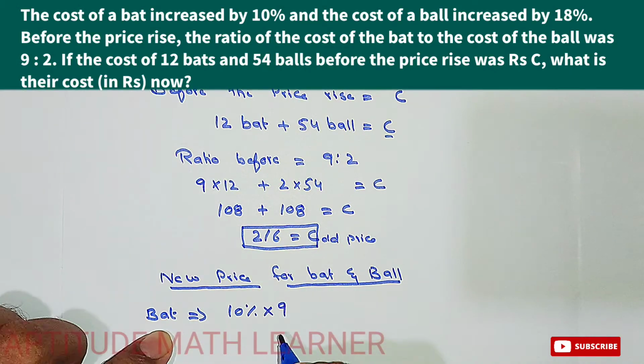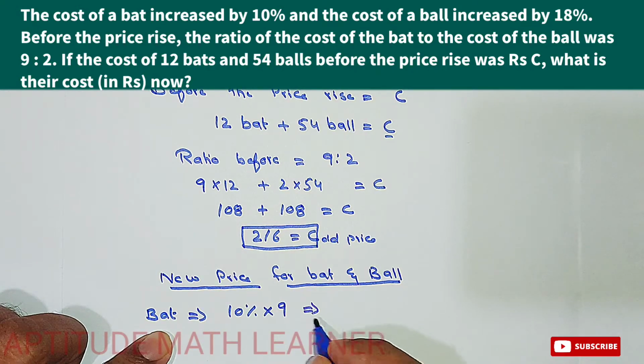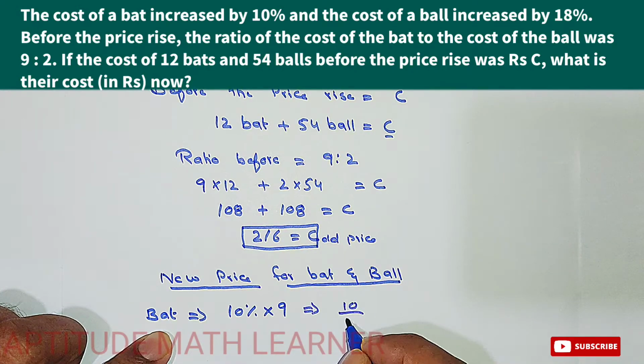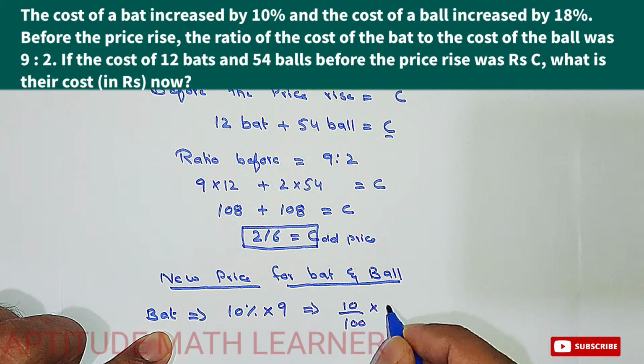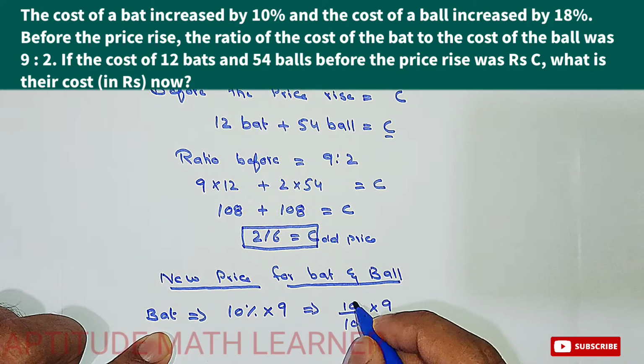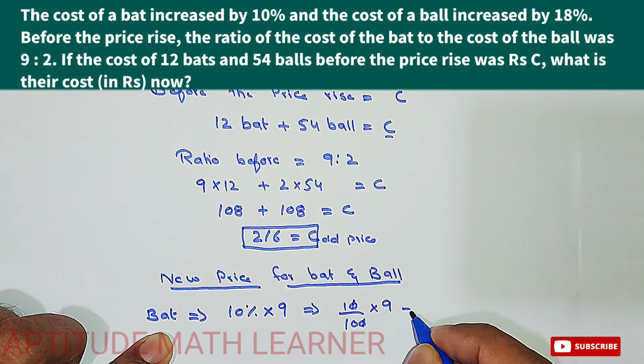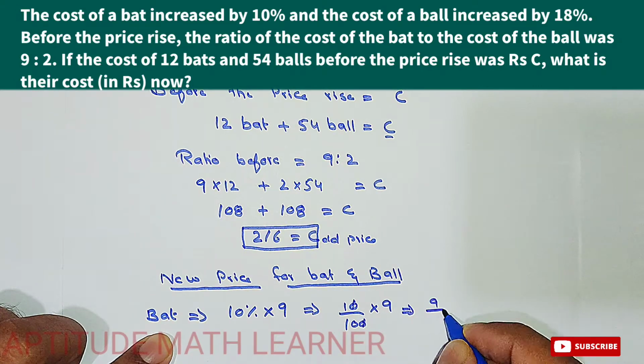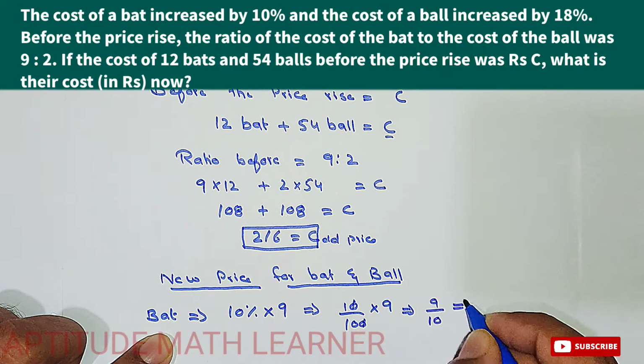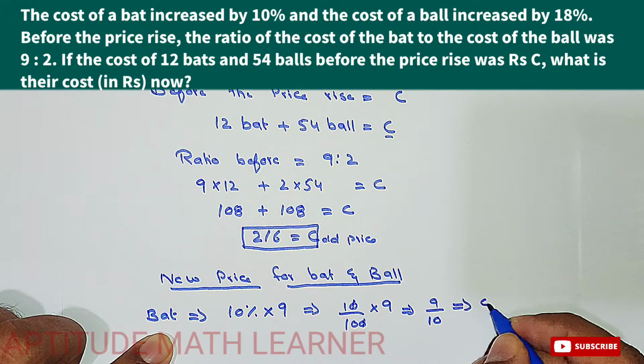This becomes 10 divided by 100 multiplied by 9. Here the zeros cancel out, and this becomes 9 divided by 10, which is equal to 0.9.